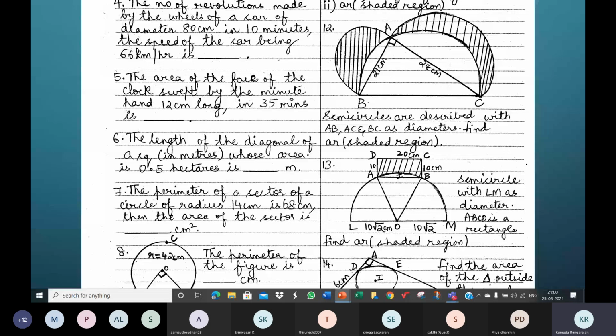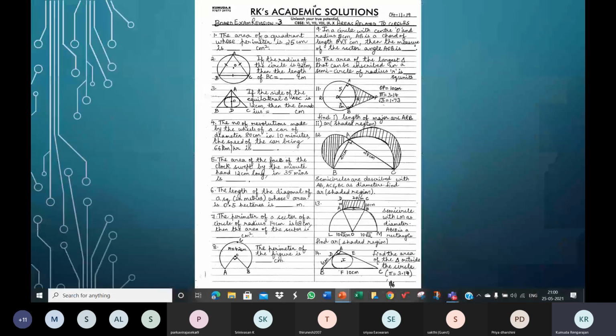You have to find the area of the sector, so the length of the arc into radius divided by 2 will help you find the area of the sector. And that's 280. So now let's see if these answers are correct.